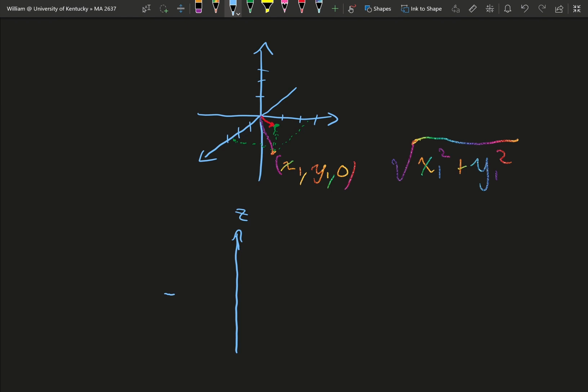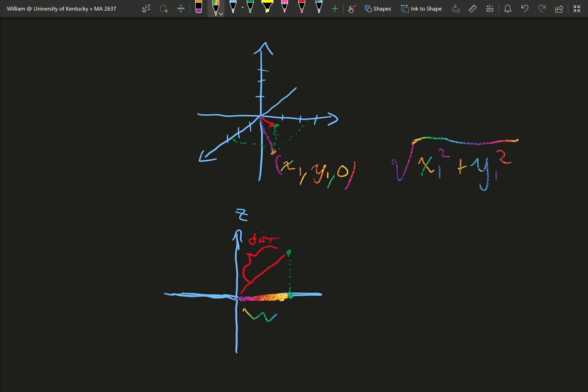We have then this funky, crazy looking line up to our point, and then we have our distance again here.